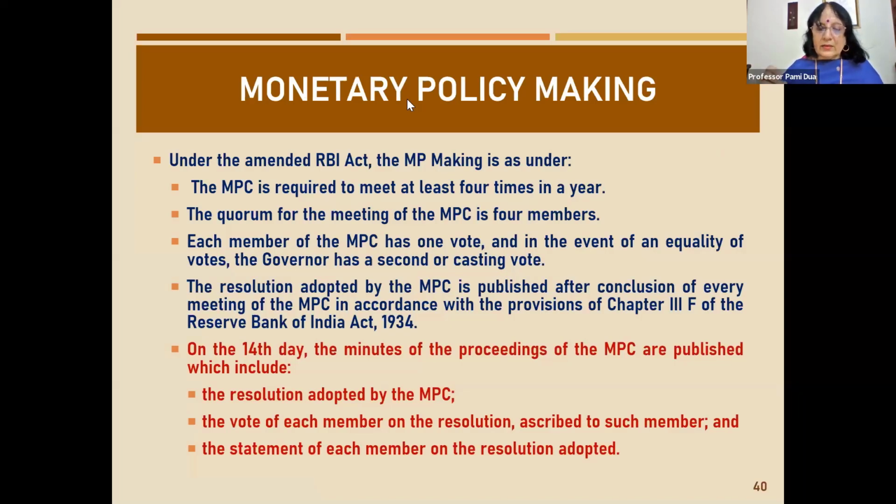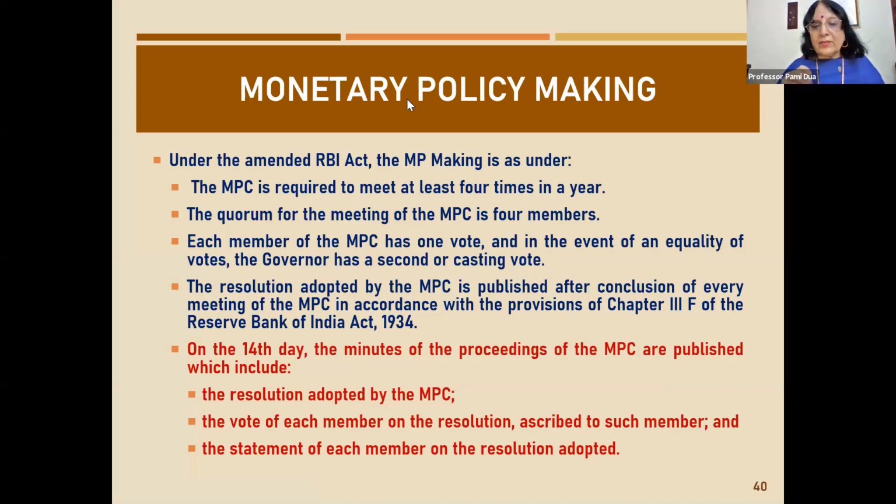And soon after the end of the meeting, each meeting was 3 days long, the resolution of the meeting was put in the public domain. And then on the 14th day after the meeting, the proceedings of the committee are published. So the proceedings contain the statement of each and every member of the committee, why they voted, how they voted.